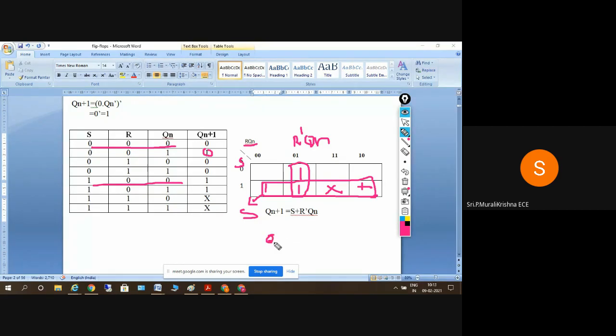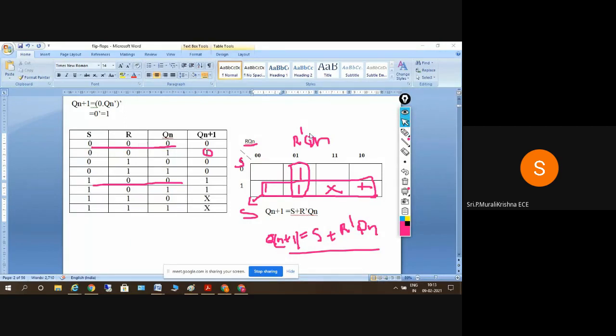So Q of n plus 1, the flip-flop equation for the SR flip-flop, is S plus R bar Qn. Is it clear? Yes, sir. This is the equation of the SR flip-flop, and this is the elaborated truth table of the SR flip-flop.